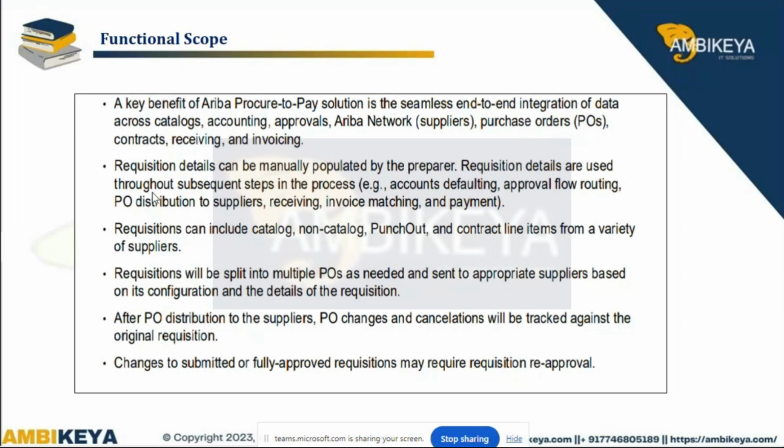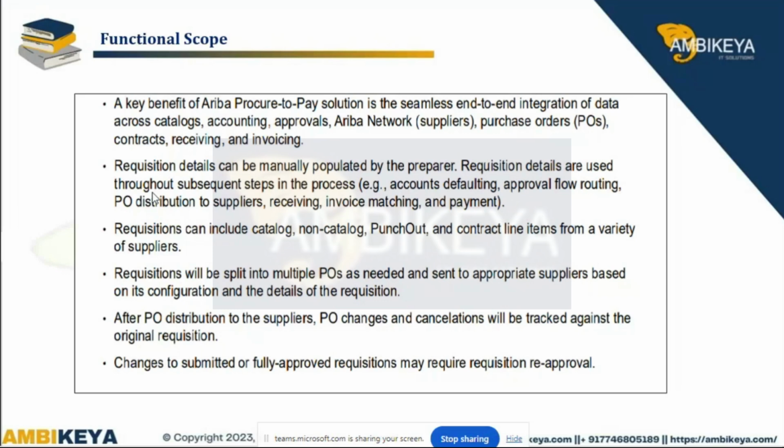For example, a requisition can have multiple line items with different suppliers. In such a case, the system will split the requisition into multiple purchase orders based on the suppliers. Once the purchase order is created, it will be sent out to the supplier.